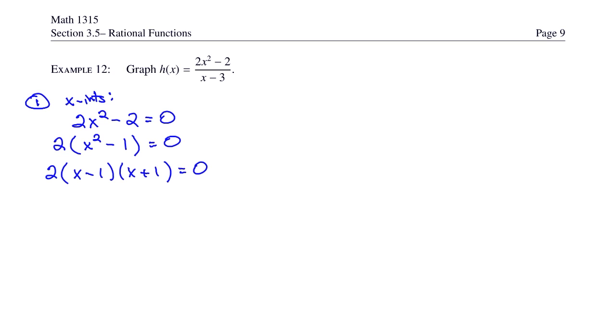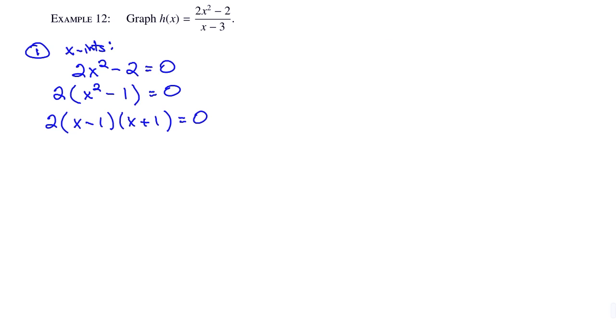Then set each factor equal to 0. Now the 2 doesn't have an x, so you would technically get 2 equals 0, which does not give you a solution. 2 does not equal 0. But the other two do. You get x equals 1 and x equals negative 1. So the x-intercepts are 1, 0 and negative 1, 0.